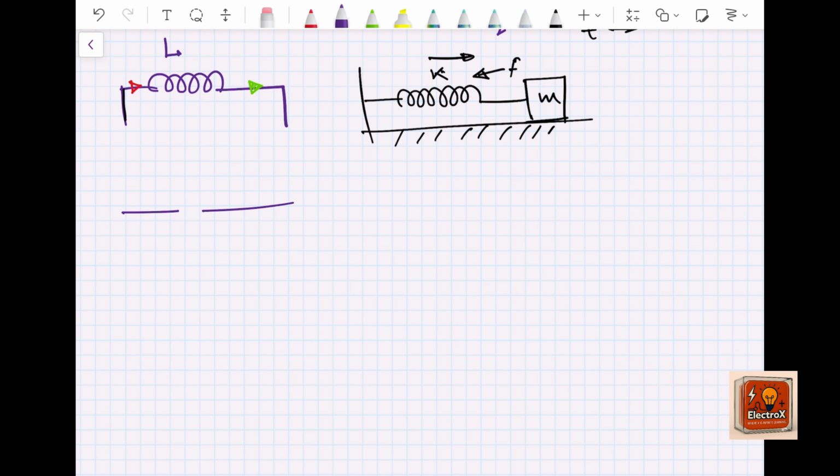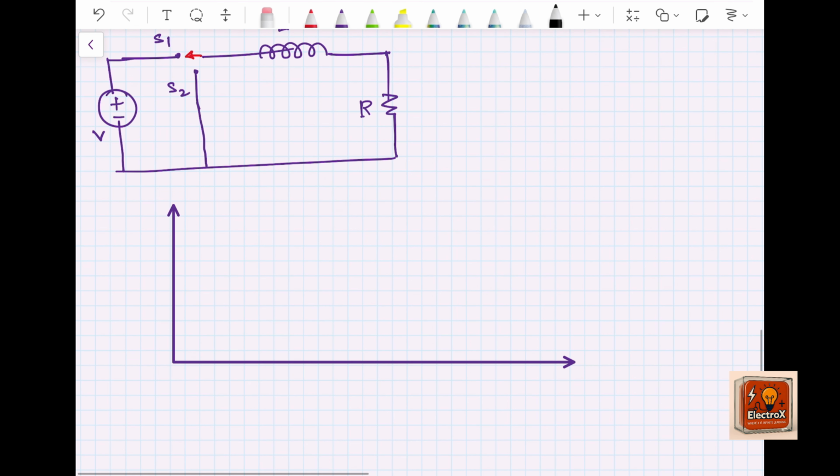Let us say this is a switch, this is another switch, this is the inductor, this is the resistor. Initially, let us say the inductor current is at this value I naught. Let us say this is switching instant T1, another switching instant T4, and so on. So at t equals T1, it is connected to S2, so it will start decaying its energy.